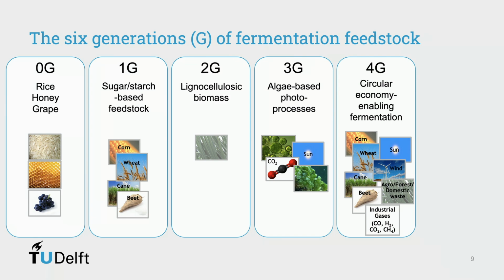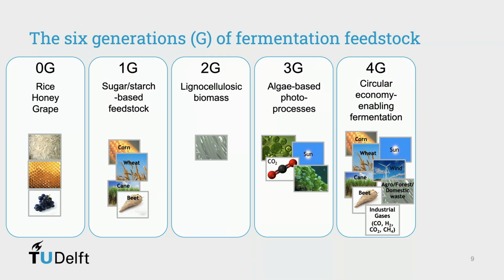Generation 4 enables a circular economy and can be divided in 2 main types of bioprocesses, where 4G alpha captures and utilizes the off-gas CO2 from generation 1 and 2 fermentation, such that product yield on substrate is improved and net CO2 emission reduced, while 4G beta corresponds to gas and synthesis gas fermentations.